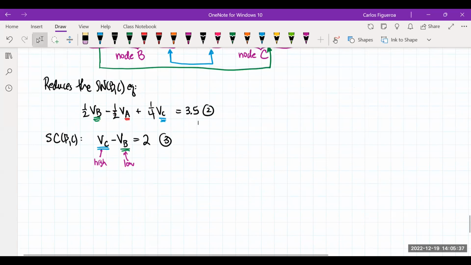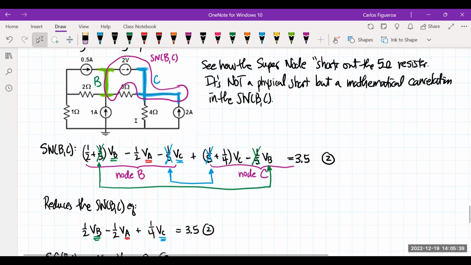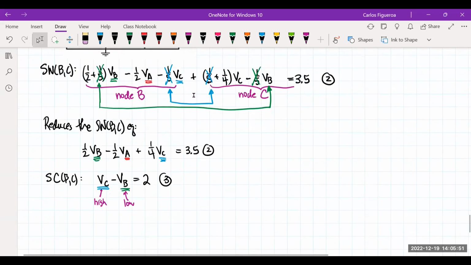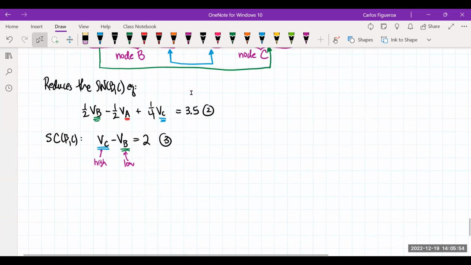Okay, so now I'm going to take my equations and look at these. I have my node 1, my equation 1, which is right here. Now I'm going to write these equations into matrix form.